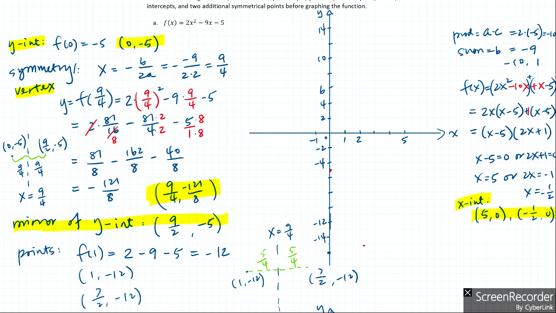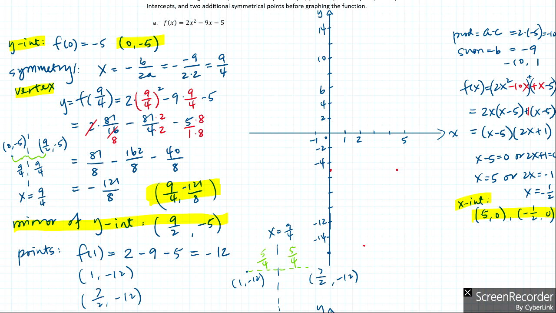So that should be where the vertex is. And next we have the mirror point of the y-intercept, which is 9/2, negative 5. 9/2 will be 4 1/2, and 4 1/2 will be right here, and it's the same height as the y-intercept, so it'll be right here.